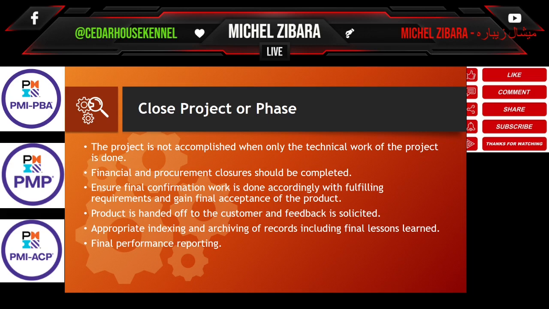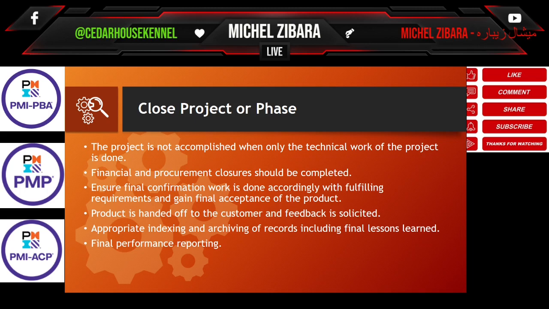To be able to determine that the project is closed, we need to make sure that the final confirmation of the work is done, fulfilling all the requirements set in the project charter and the business case, and gain the final acceptance of the product.